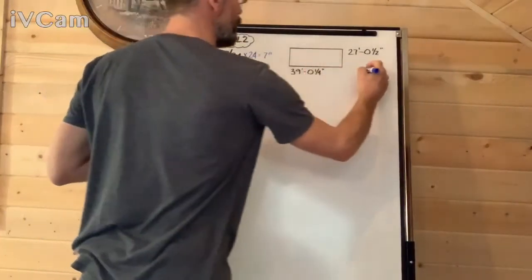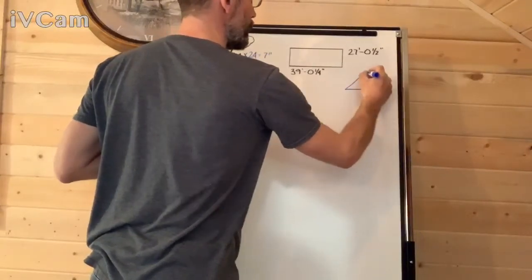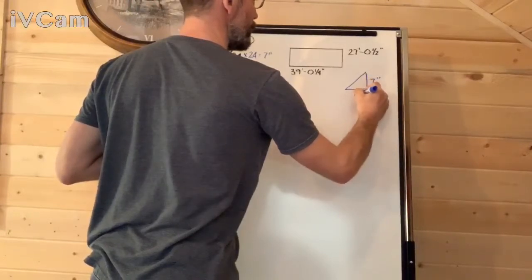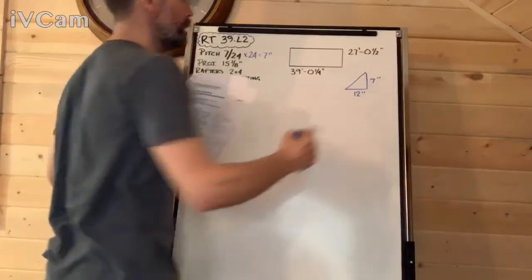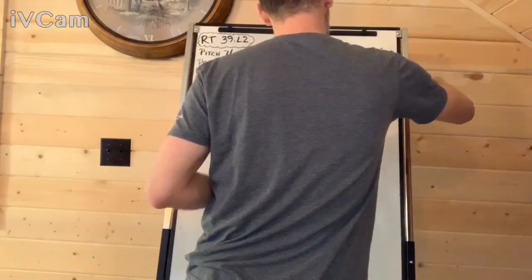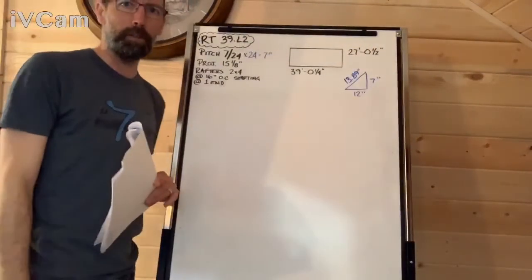So let's fill in our unit triangle over here. We know if we have a 7-inch rise per unit of run, we can look on a Stanley square or on a rafter square, and it will give us 13.89. Because it's a 1-to-1-to-1 ratio, that is inches as well.